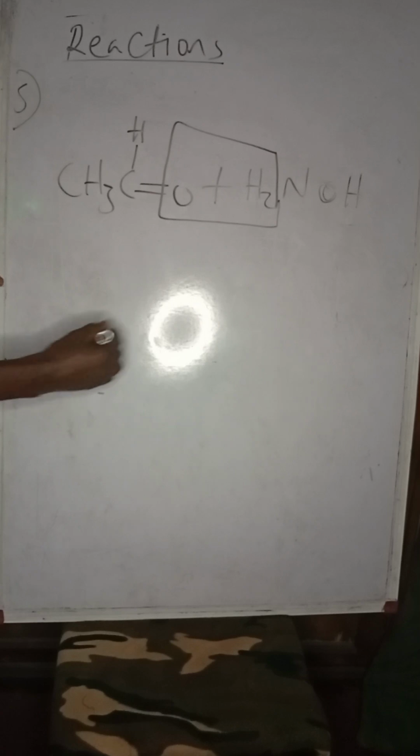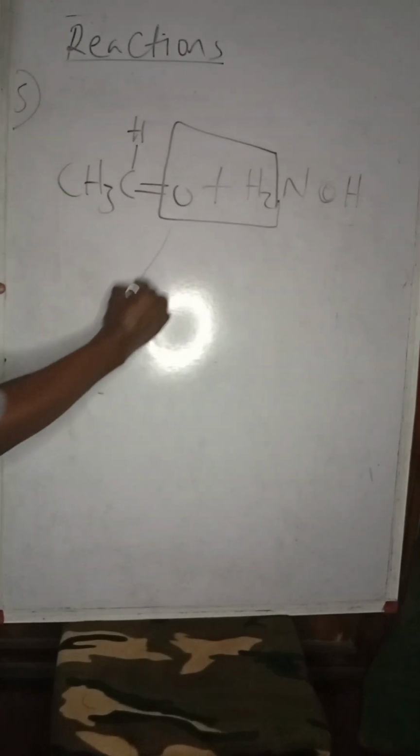If you react ethanal with hydroxylamine, let me write it in a proper way so I get my mechanism. So let's say H2NOH, hydroxylamine. This is ethanal, with a double bond O and an H. What normally occurs is that the H2 takes the O, such that there is the elimination of water.